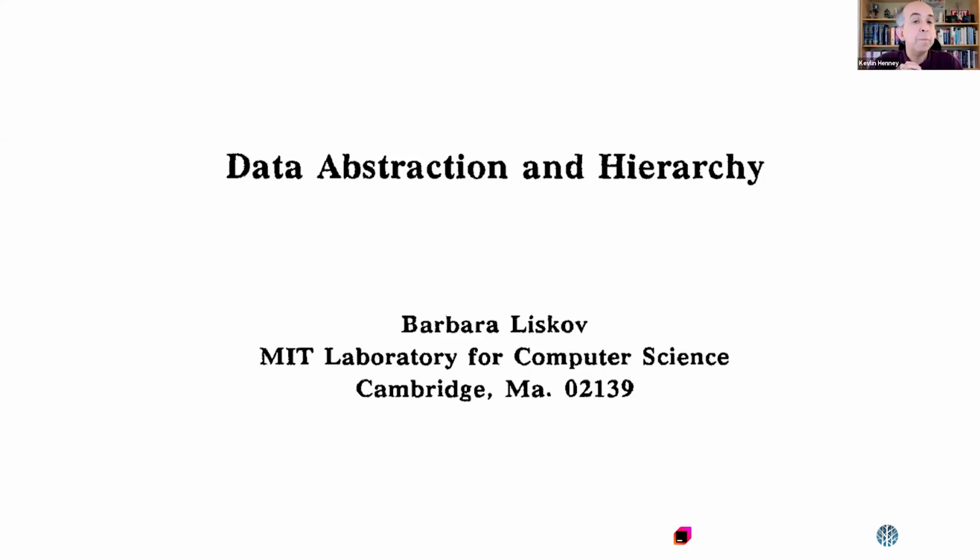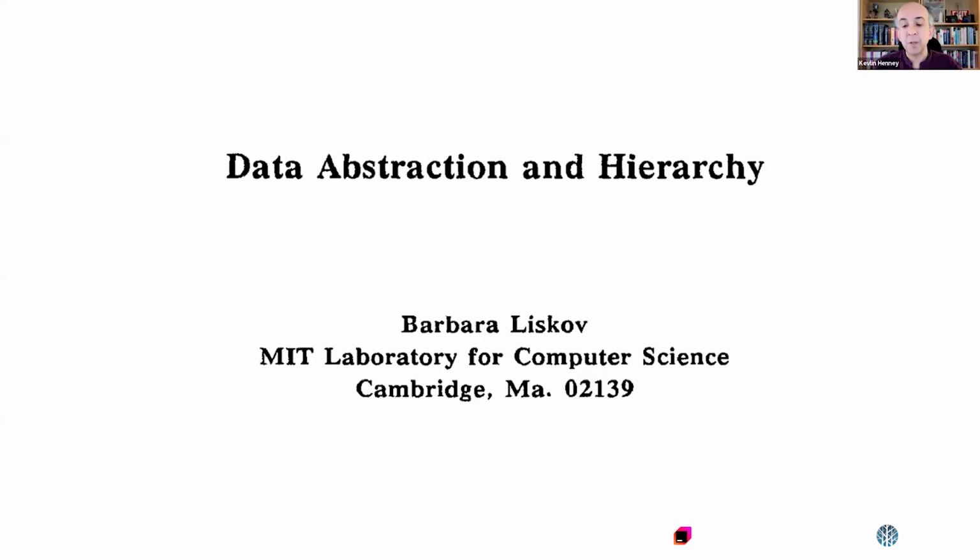This is quite an important paper because it introduces what is now known as the Liskov substitution principle. And it is probably the only one of the SOLID principles that is actually a principle. It is also misunderstood in the context of the SOLID principles, but it's the only one that is legitimate and unambiguous in that sense. However, we're not here to talk about that.